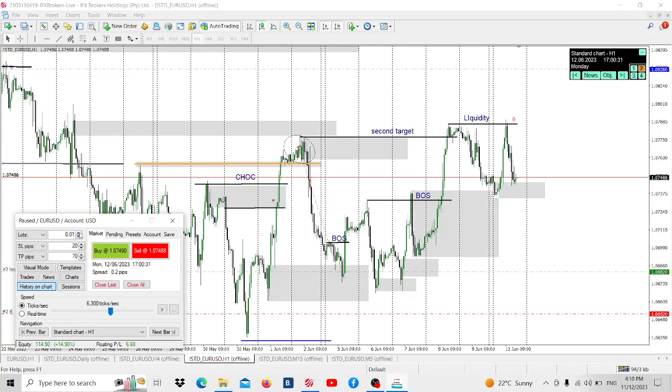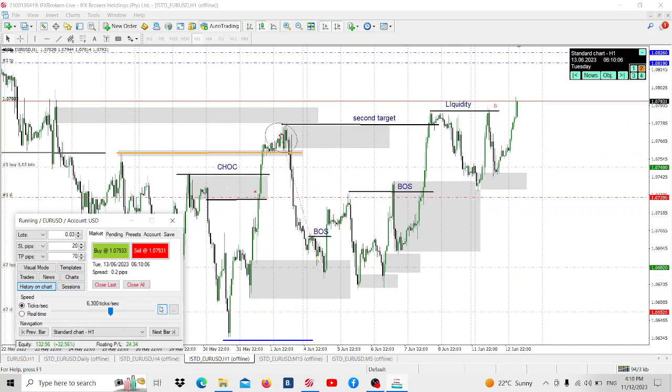Let me just increase the lot size. Since we are up 60 pips, let me have a buy opportunity now, right? And let's leave it and see what will happen.